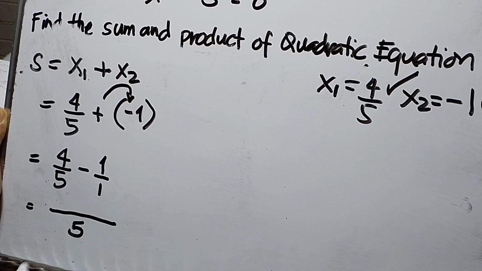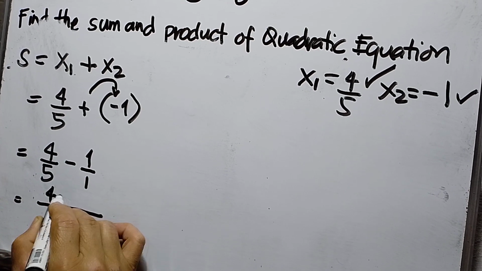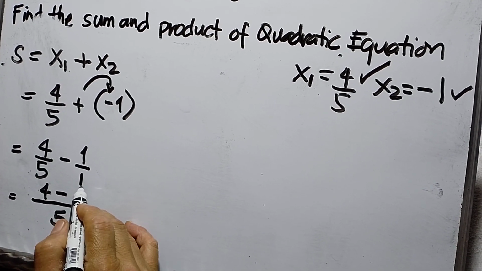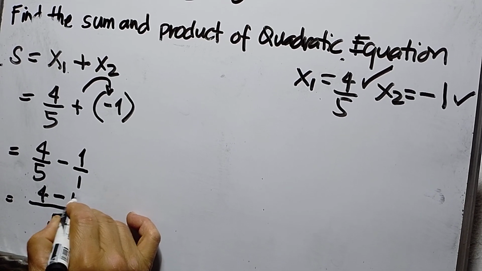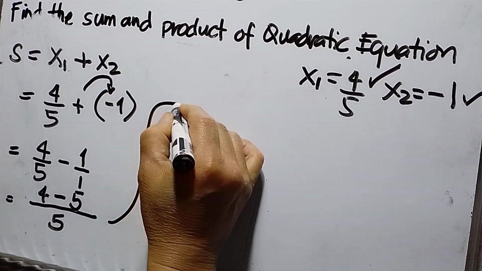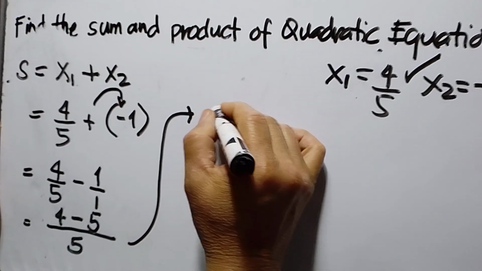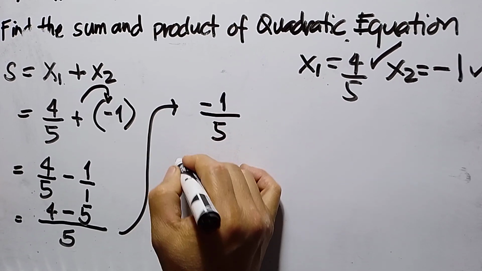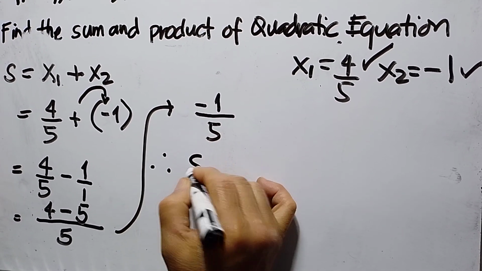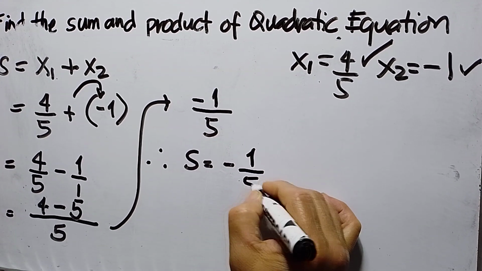So LCD is 5. 5 divided by 5 is 1 times 4 is 4. Minus 5 divided by 1 is 5 times 1 is 5. So 4 minus 5 is negative 1 over 5. So my sum of the roots is negative 1 over 5.